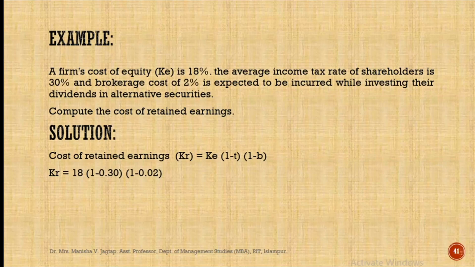And then 1 minus B, that is brokerage, is given as 2%. By solving the equation, KR is equal to 12.35%. That is the cost of retained earnings in this particular example, 12.35%. In this way, we can compute the cost of retained earnings, where we consider two important adjustments, that is of income tax and brokerage cost incurred by the shareholder.